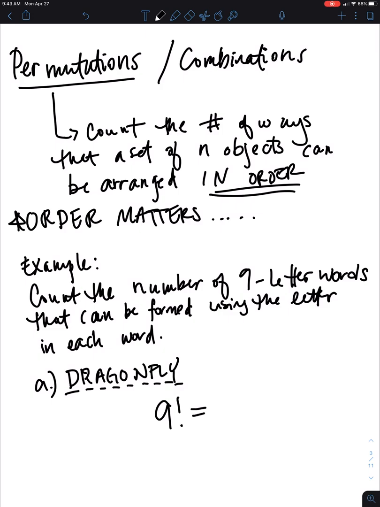But I'm going to do it in my calculator. So 9, go to math, scroll over, go down to 4. 9 factorial is 362880. Okay, so that is the answer for this word, dragonfly.